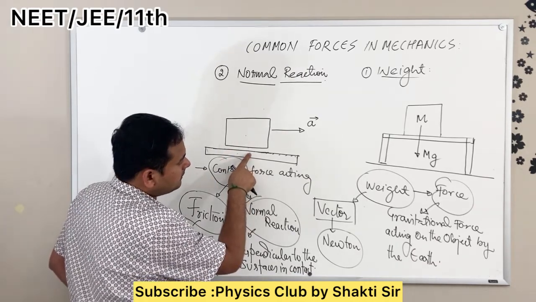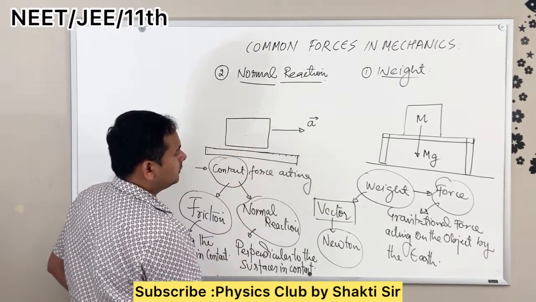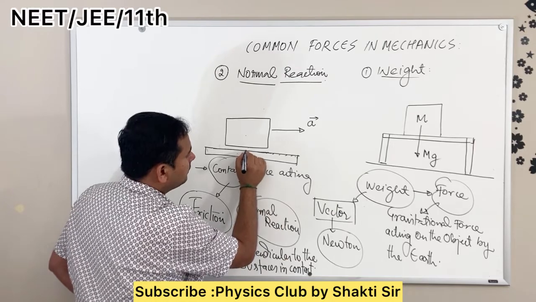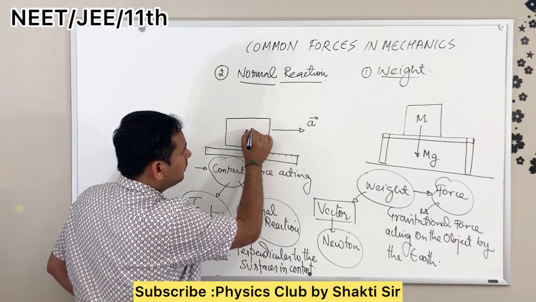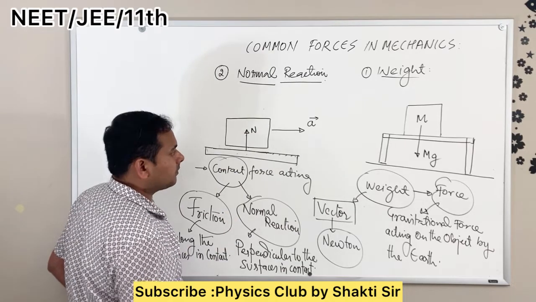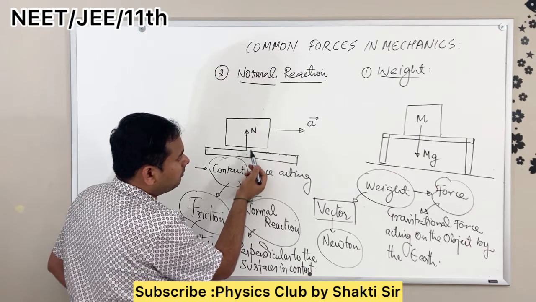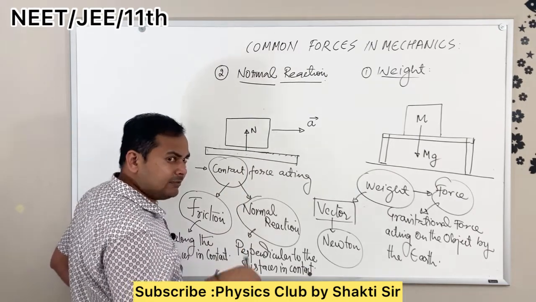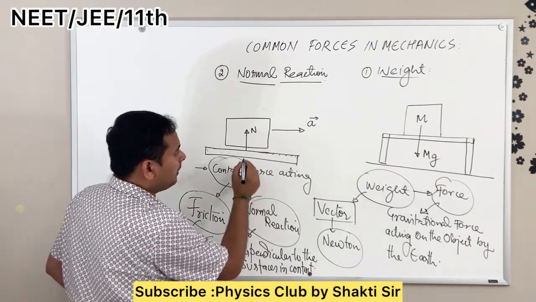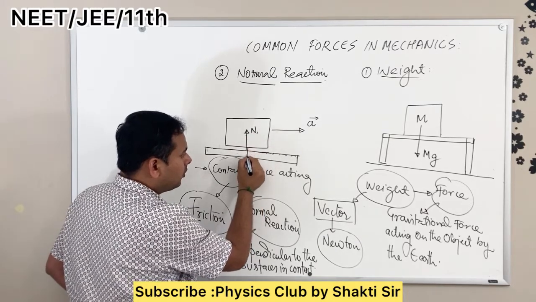When the platform is applying the force on the block in the upward direction, here is a force acting on the block in the upward direction, and this is the normal reaction which is applied by the platform on the block.